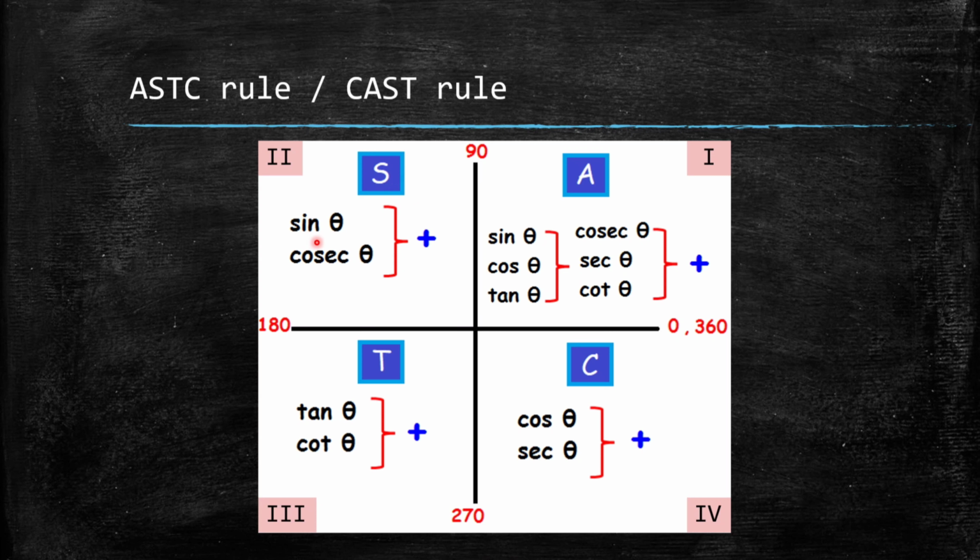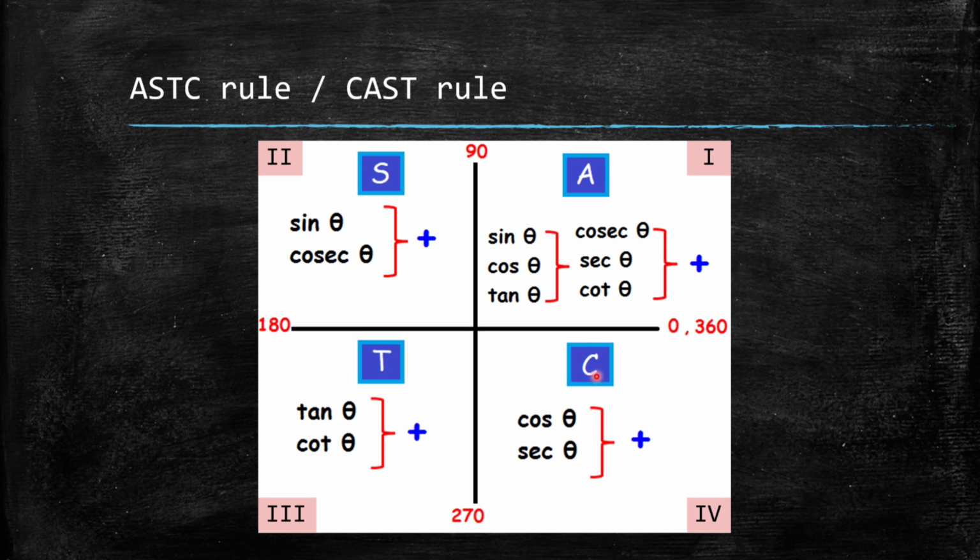S means sine theta, and here sine theta along with its reciprocal cosecant theta are positive in this quadrant and all the other trigonometric ratios are negative in this quadrant. In the third quadrant, this T refers to tan theta, and here tan theta along with its reciprocal cot theta is positive and all the other trigonometric ratios are negative in this quadrant.